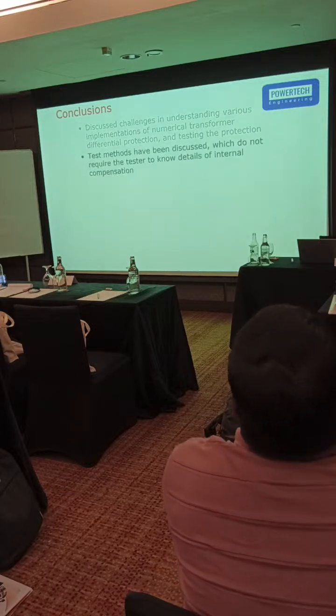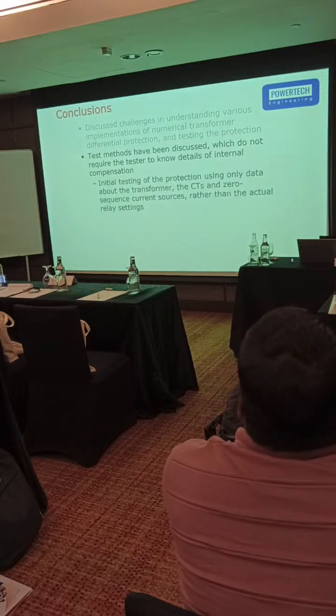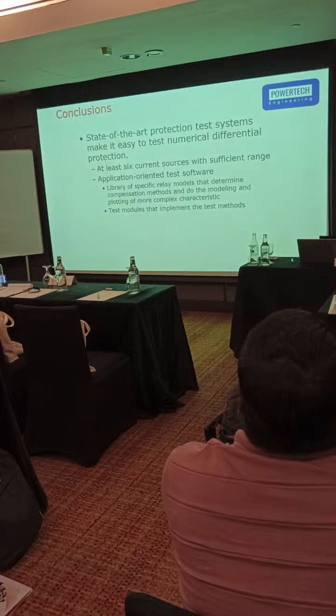So these are the different test methods we have discussed in this. It is just concluding. There is still left the harmonic, how we test the different harmonic conditions, whether it is working properly or not, that we will discuss again.